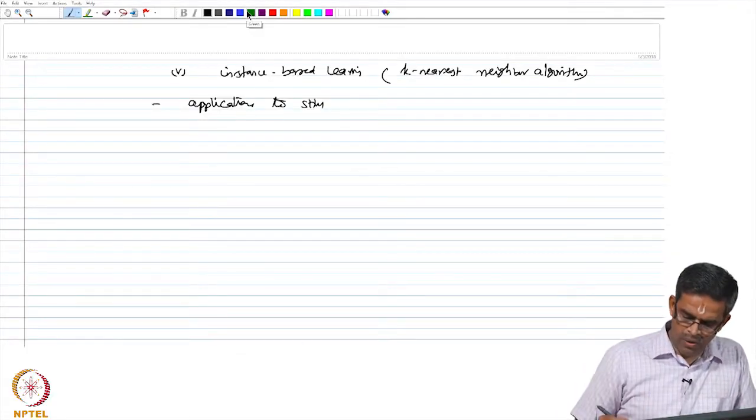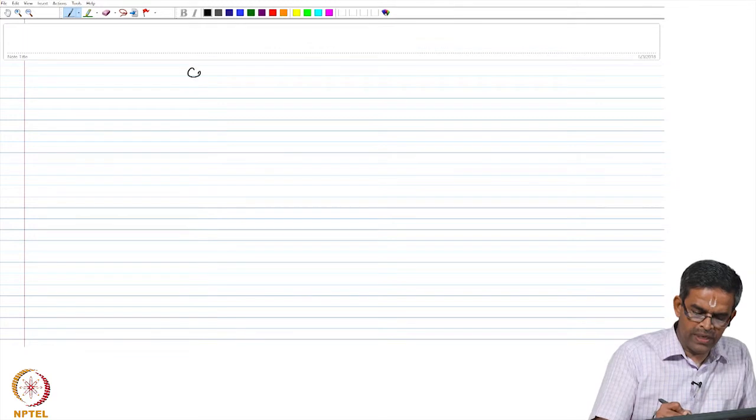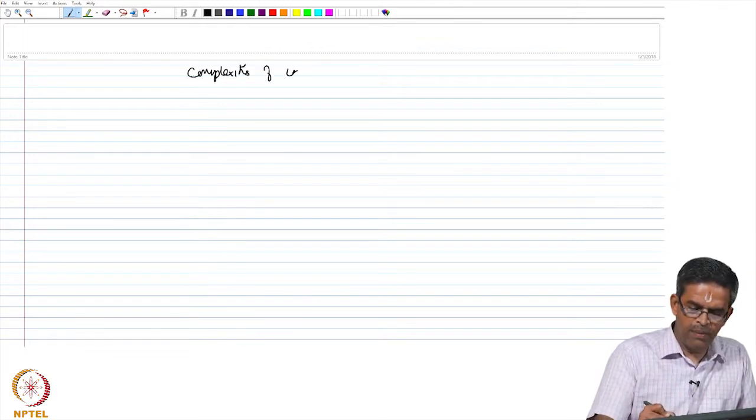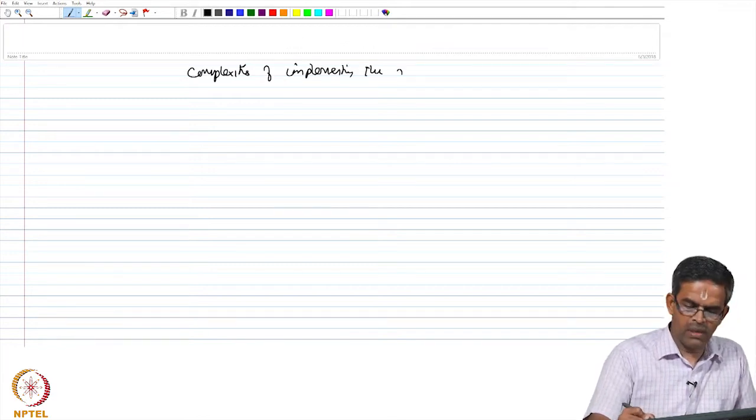Let us now look at the complexities of implementing the machine learning approach.